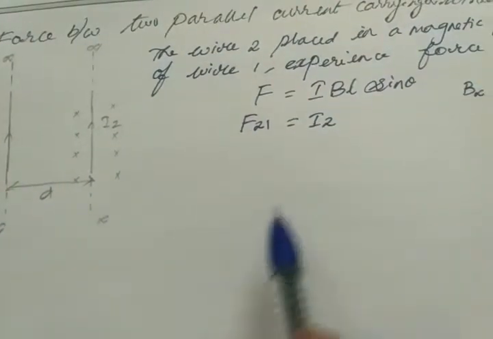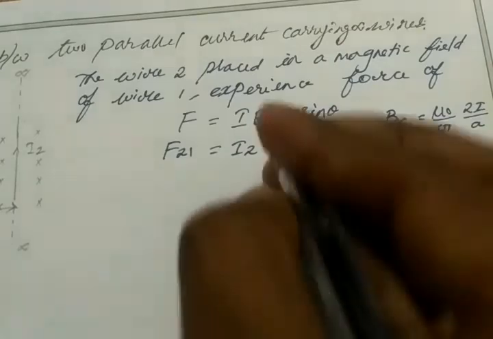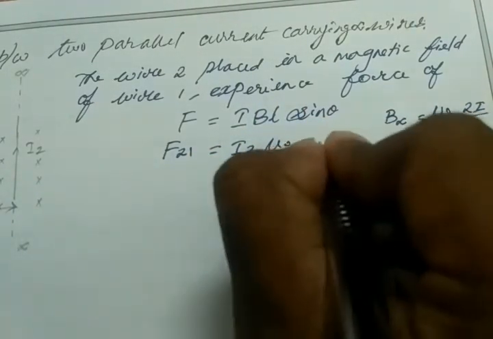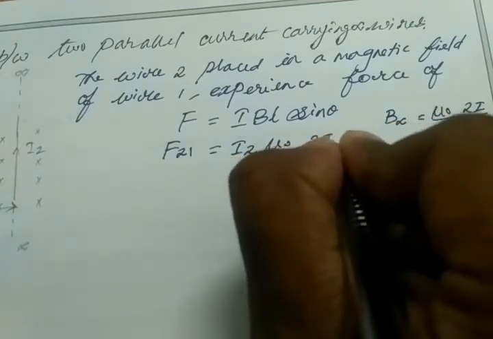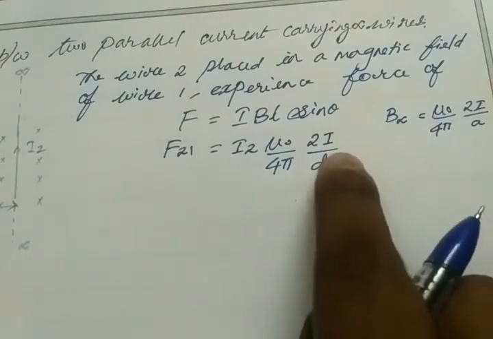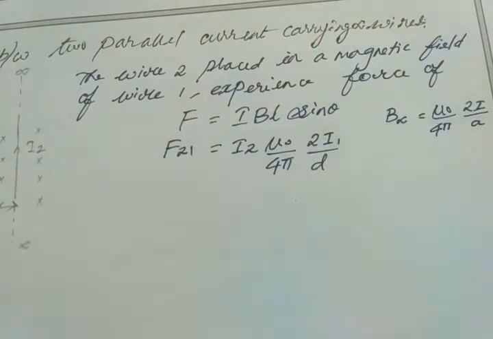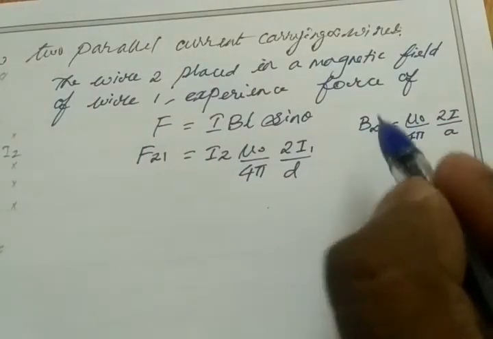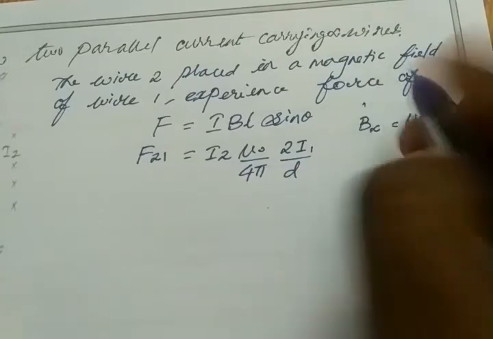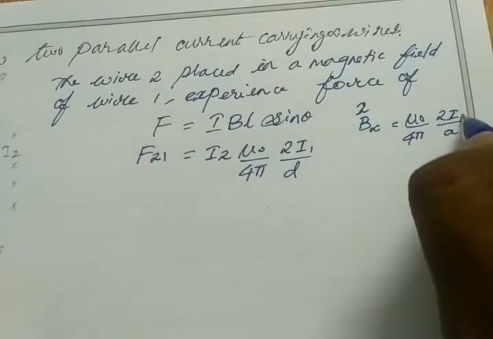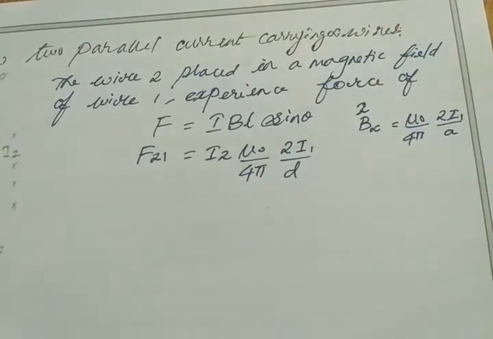Okay. So instead of B, I can write mu naught by 4 pi 2I by D. So here what is I? I is I1. The magnetic field produced by which current? Here the magnetic field on wire 2 is produced by the current flowing through the wire 1, right?